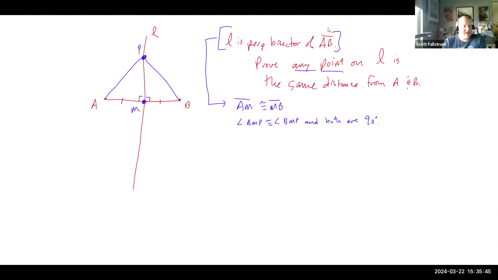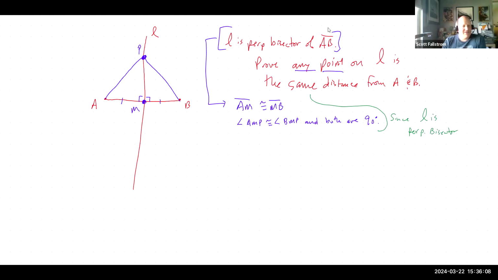And now here comes the fun. So these are all from the definition. What does it mean to be a perpendicular bisector? Since L is the perpendicular bisector. Now, all we need is one more side and we have congruent triangles.